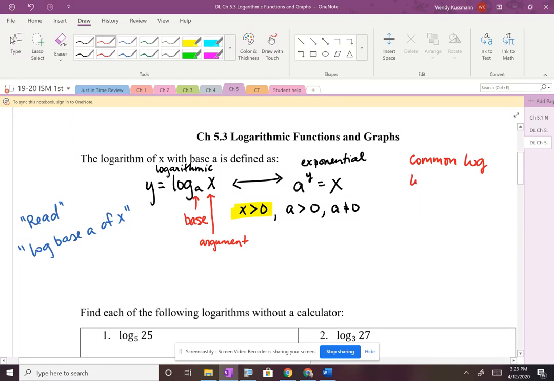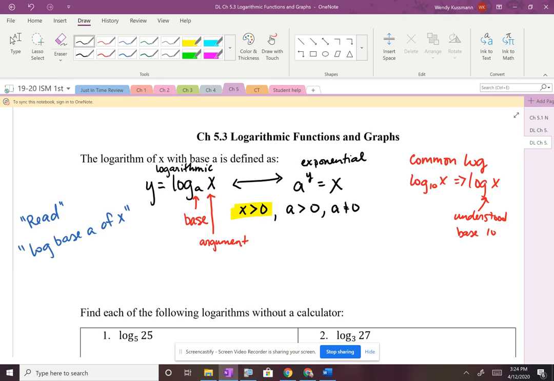So the common log is always log base 10 of x. When you write this, they normally write it just as log of x. So when there's no base, there's an understood base 10. That's what you're going to have to remember.